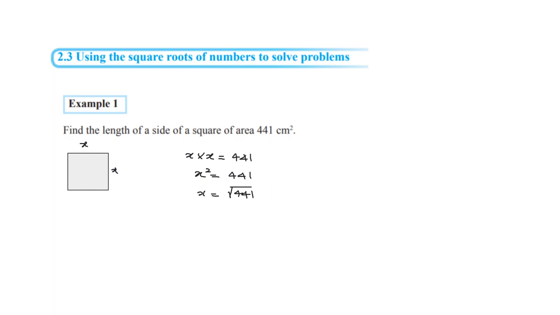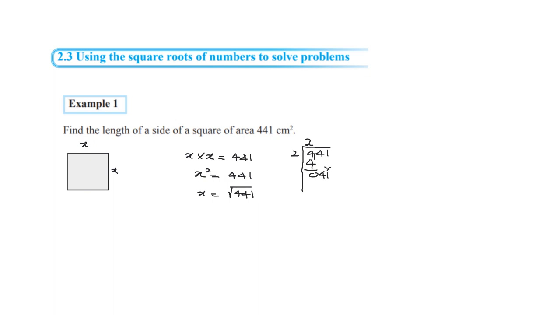So we can apply here the long division method. 441. I pair the numbers here. Then, which is the closest square number? 2. I put 2 here. 2 times 2 is 4. I take the 41 down.